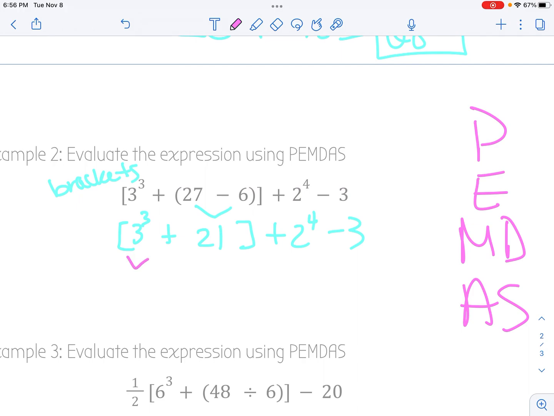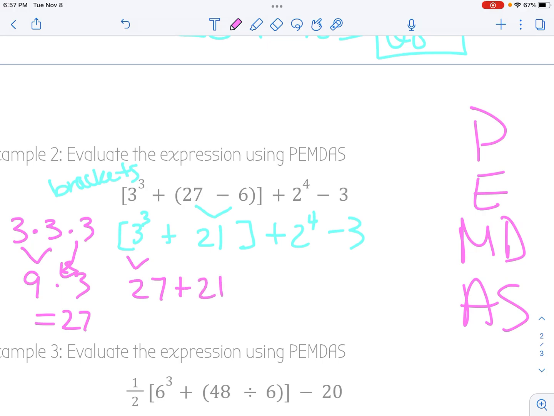I want to do that first. 3 to the power of 3 is telling me that I am multiplying 3 by itself 3 times. 3 times 3 is 9, times 3 is 27. So I have 27 plus 21 in my parentheses, still in my bracket, so I want to do that first. 27 plus 21 is 48, and then I'm going to bring everything else down so I don't get confused.